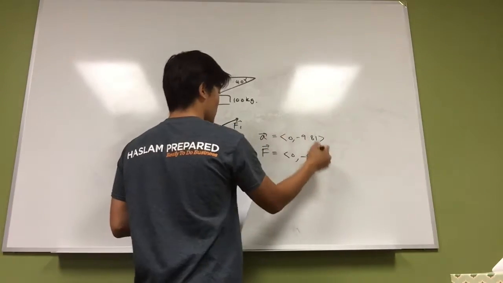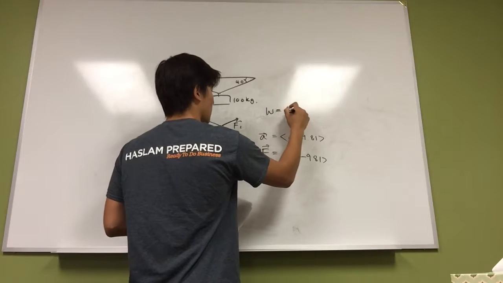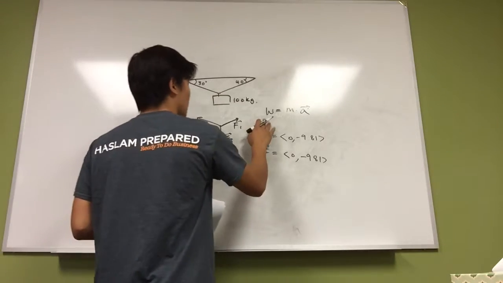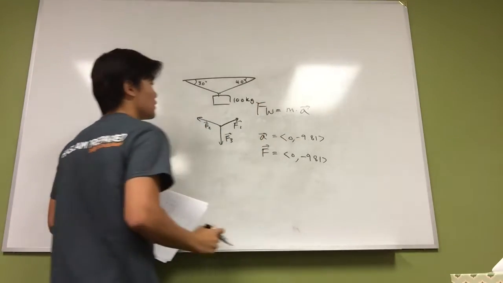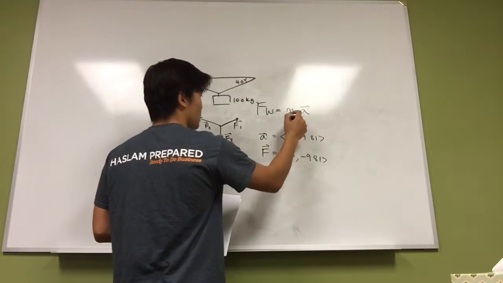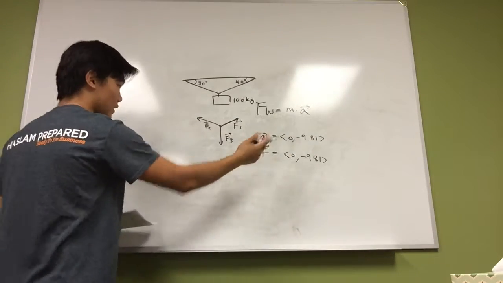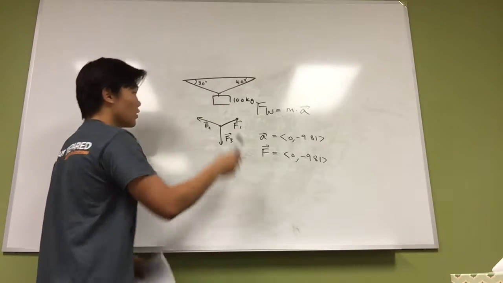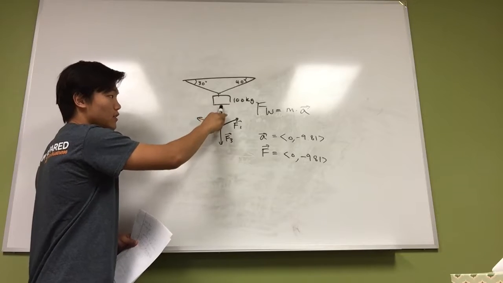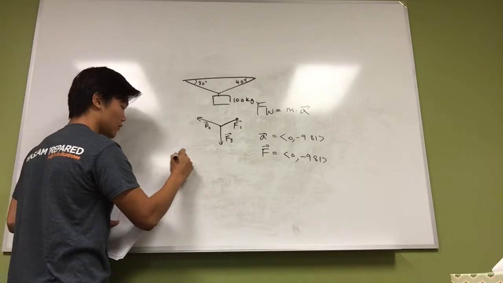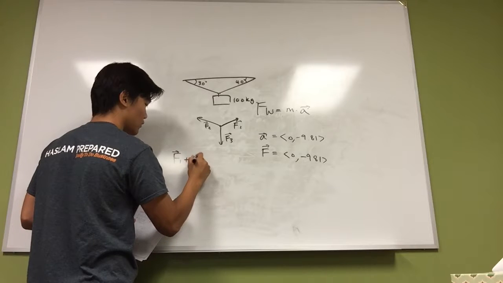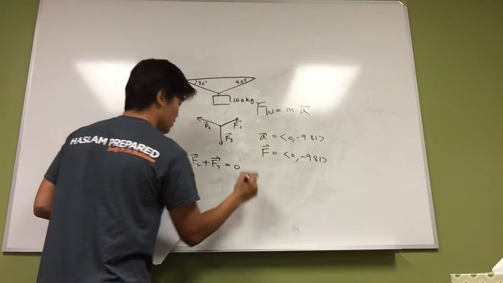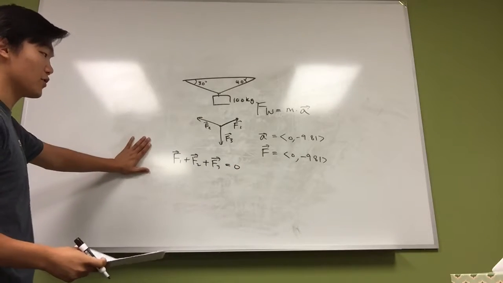The force of the weight is mass times acceleration. So mass is 100 and acceleration is negative 9.81. Also, since the box is stationary, not moving, we can say that F1 plus F2 plus F3 equals 0.